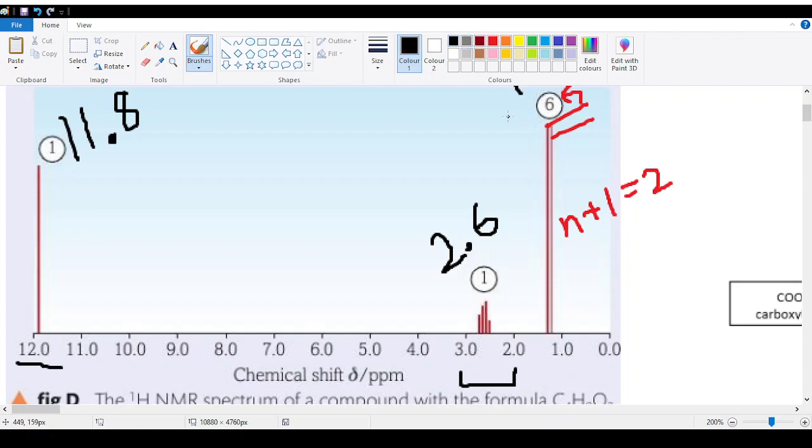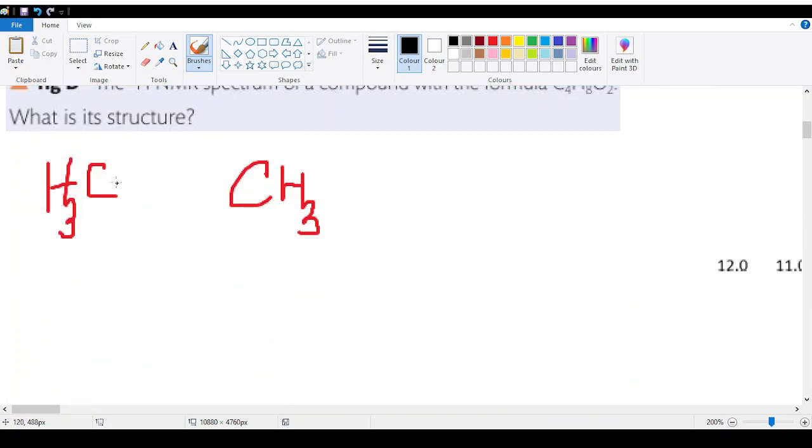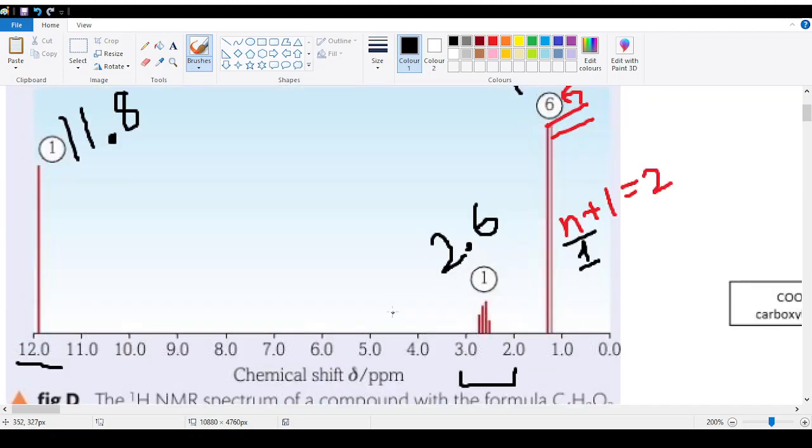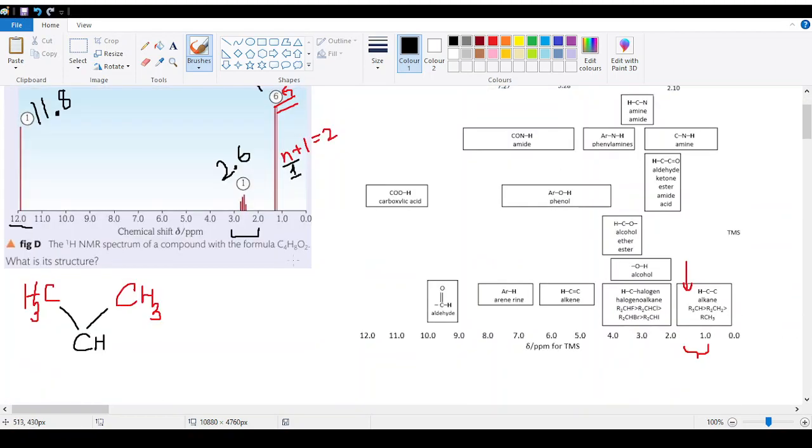So n was 1. How many neighboring hydrogens were there? One neighboring hydrogen. That means they were both joined to a carbon which has one hydrogen, yes or no? Yes. Okay, so that is one of the conclusions.